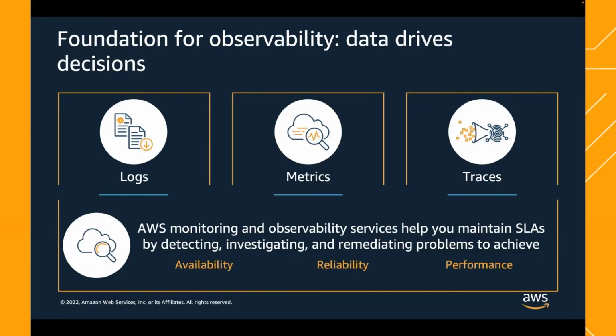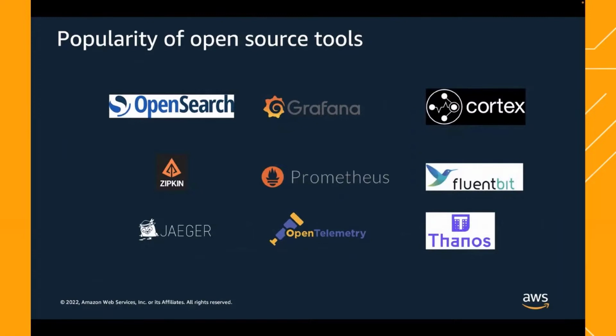What's been happening in the last few years is that a lot of open source tools are gaining a lot of popularity. Some of them you might be familiar with. You can see them on the screen. You might ask why this is so popular. Well, some engineers and developers like no vendor lock-in. They don't want to stick with one vendor. Open source gives them that freedom of choice.